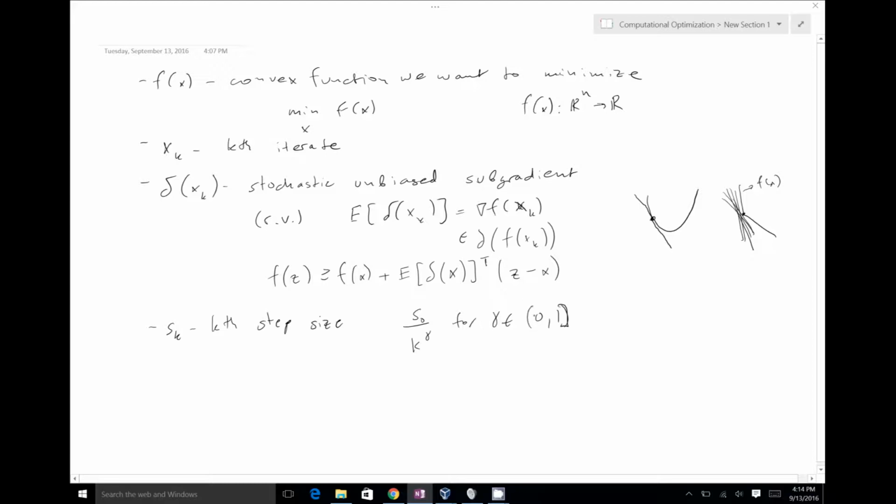So gamma could be 1, but let's say for now it's not 0, even though the algorithm actually works perfectly well even if it's 0. Then the actual algorithm just works like this: x_k is equal to x_{k-1} minus s_k times the stochastic subgradient at x_{k-1}.